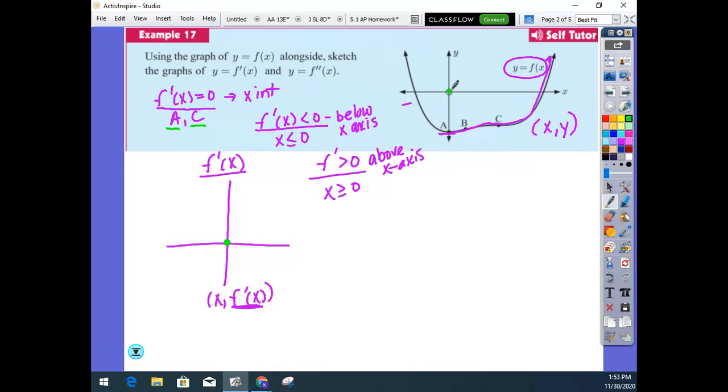So you'd come straight up: 0 slopes on f are the x-intercepts on f prime. This says everything before 0 is below the x-axis. Everything after 0 is above the x-axis. So I'm going to go above, but I've got to go down and pick this up and come up like this.